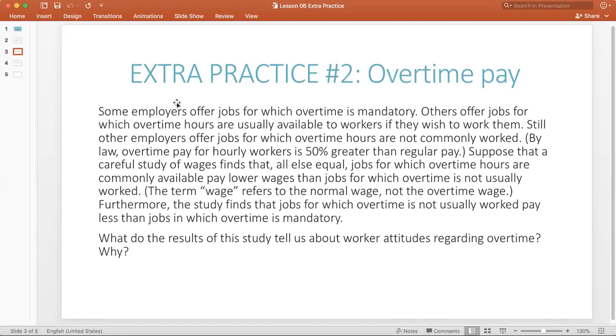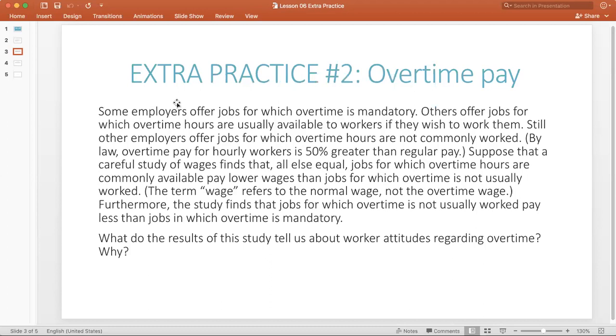Suppose that a careful study of wages finds that all else equal, jobs for which overtime hours are commonly available pay lower wages than jobs for which overtime is not usually worked. The term wage refers to the normal wage, not the overtime wage. Furthermore, the study finds that jobs for which overtime is not usually worked pay less than jobs in which overtime is mandatory. So what do the results of this study tell us about worker attitudes regarding overtime?